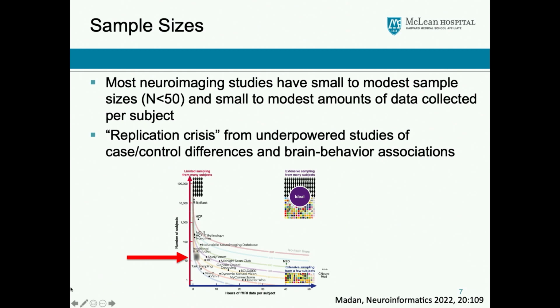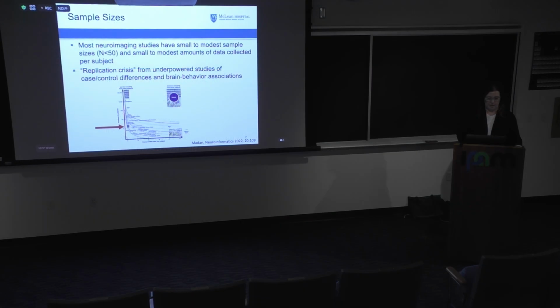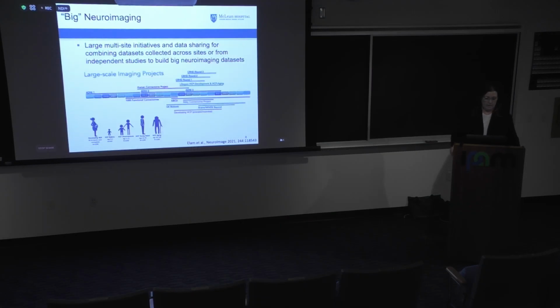However, over the last decade there has been the development of larger scale neuroimaging data collection initiatives, including the Human Connectome Project and the UK Biobank, that have collected data in more than 1,000 people in the case of the HCP, and ongoing data collection to collect neuroimaging data in 100,000 people for the UK Biobank. Okay, so like I said, in 2010 roughly, the Human Connectome Project started.